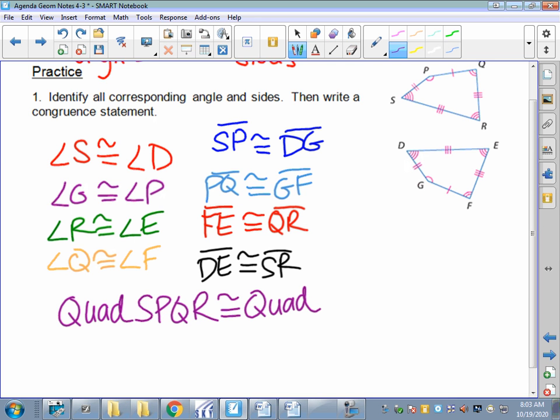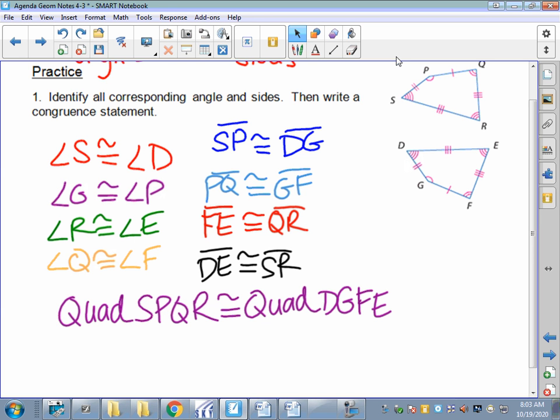So you have to be very particular. It looks to me like it's going to be DGFE. If you don't understand why I had to go in that order and no other order will work for that second quadrilateral, then you need to make sure you ask me because that's really important, the order in which we name it. All right, that's a congruent statement.